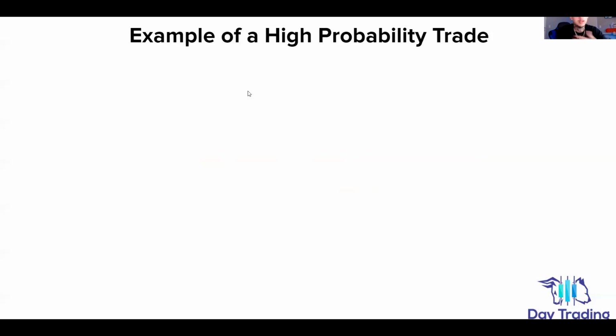Right? Now, let's go over an example of what a high probability trade actually looks like here. So what I'm going to do is draw some fake market structure here, right?